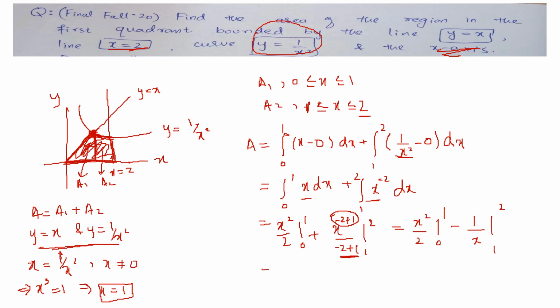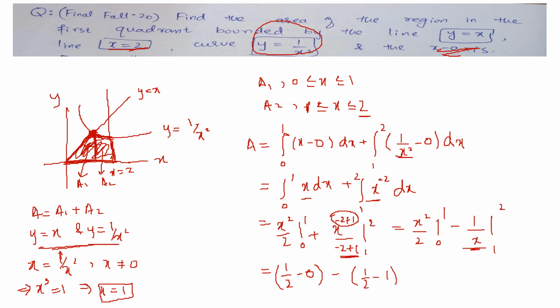So let's put the limits of integration. For the upper limit, x equals to 1 in the first term. This gives us 1 over 2 minus lower limit is 0. So the whole term becomes 0. Minus, in the second part, upper limit is 2. So this becomes 1 over 2 minus lower limit is 1.